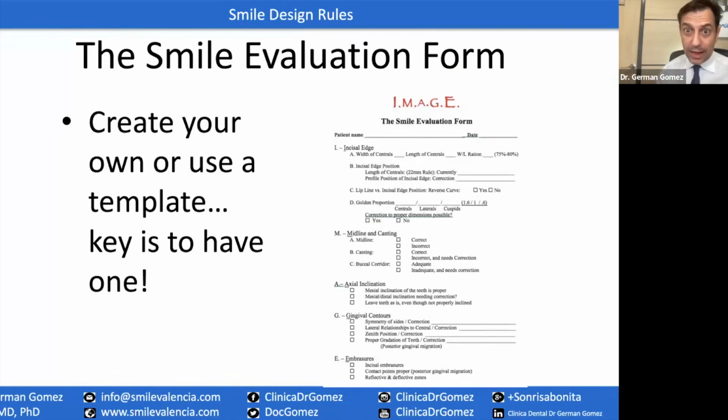The patient has the impression that you are very organized and that you know what you're going through, and that you are measuring everything, and the patient will get at the end a very, very personalized and very, very precise work.